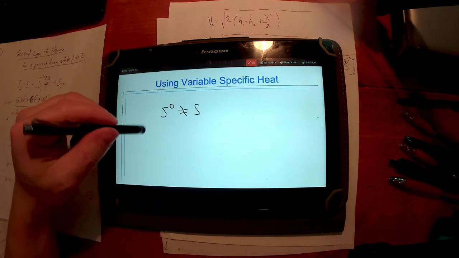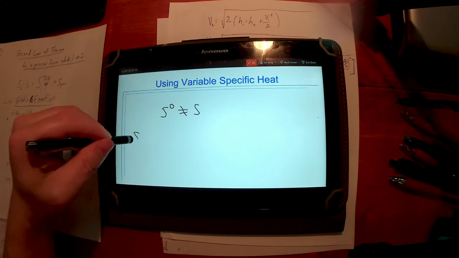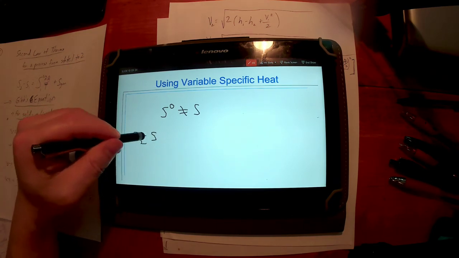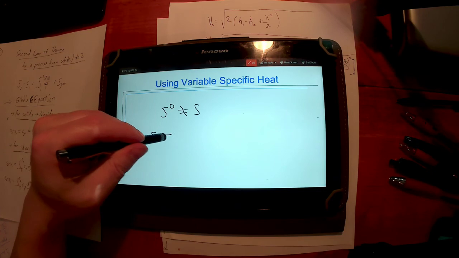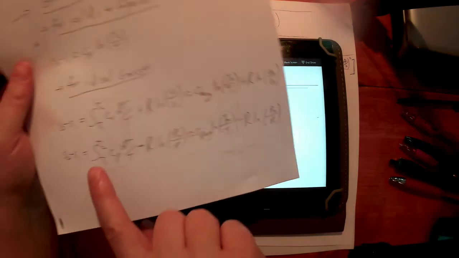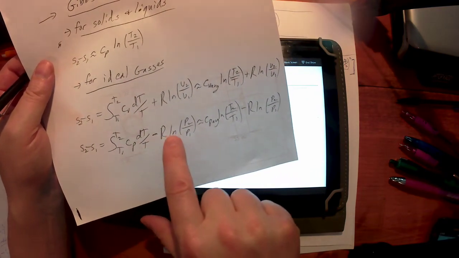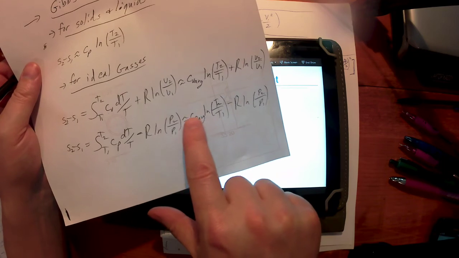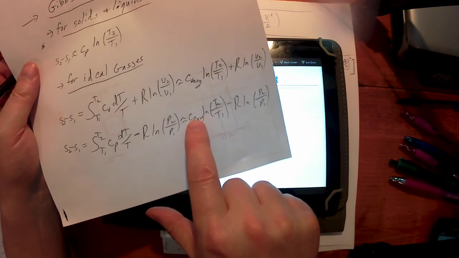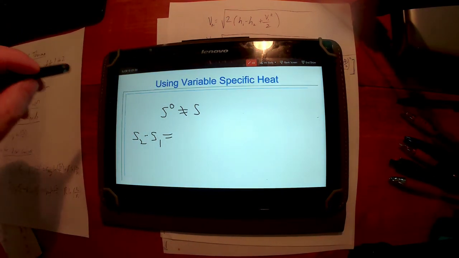What you can do with these s degree values is when we look at this equation, we say s2 minus s1, if we look at the Gibbs equation, let's look at this version of the Gibbs equation. We say it's equal to this integral, minus R ln P2 over P1. And it's normally approximately equal to the specific heat if it's constant. But if I use variable specific heat, I don't have to assume constant specific heat.